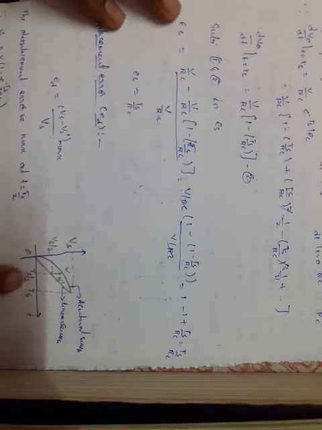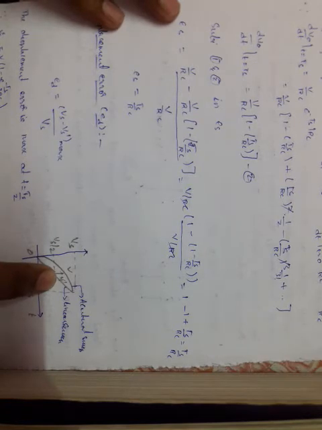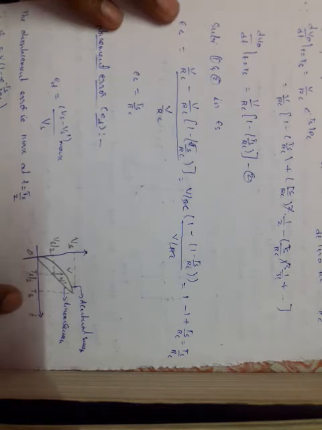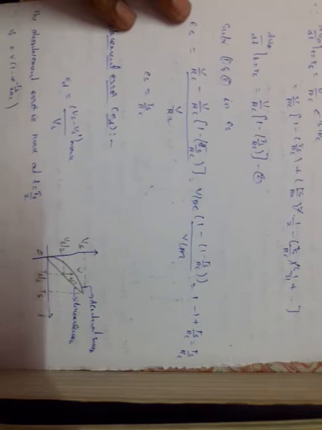Why? Because the sweep is linearly increasing, and after half the time period it is again linear. So we consider the slope time at two values, one half slope time and full slope time. At t equal to Ts by 2, we substitute Ts by 2 in place of t.